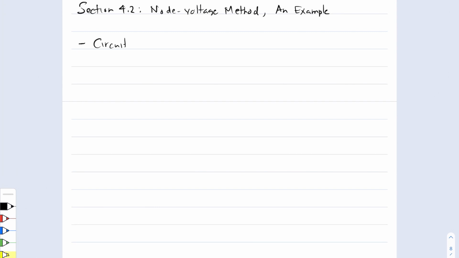So this is a circuit that contains only independent sources. And in this case, we have both a voltage source as well as a current source.